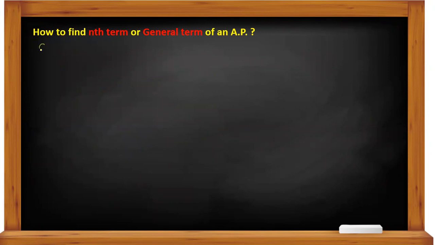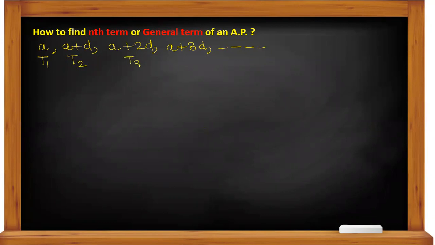Consider the AP a, a plus d, a plus 2d, a plus 3d, and so on, where a is the first term and d is the common difference. Now, this is the first term T1, second term T2, third term T3, fourth term T4, right?